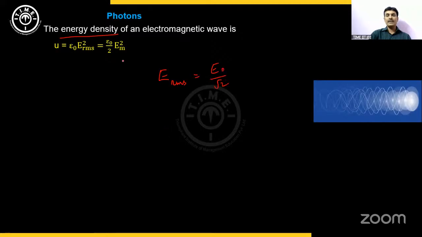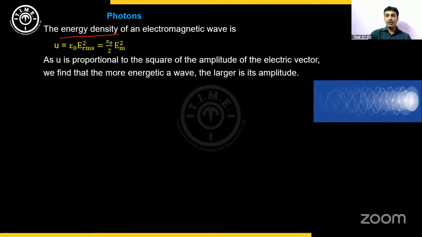It's a square, so it becomes E maximum square by 2. Understood? So E RMS is EM by root 2, squaring, epsilon naught E RMS square is epsilon naught EM square by 2. That represents the energy density, energy contained by an electromagnetic wave per unit volume.